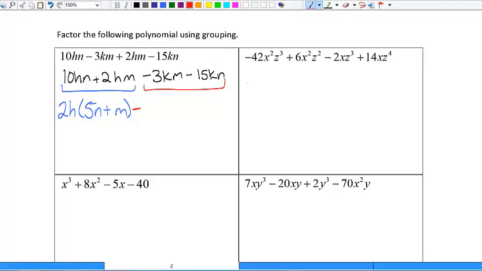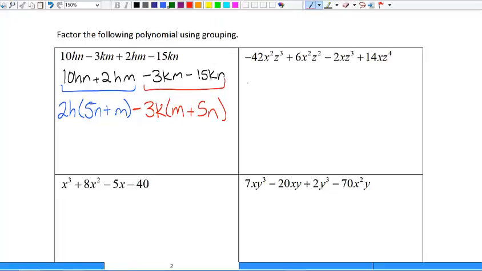The GCF between 3 and 15 is 3, and the GCF between KM and KN is K. So negative 3KM divided by negative 3K is positive M. Negative 15 divided by negative 3 is positive 5. KN divided by K is just N.